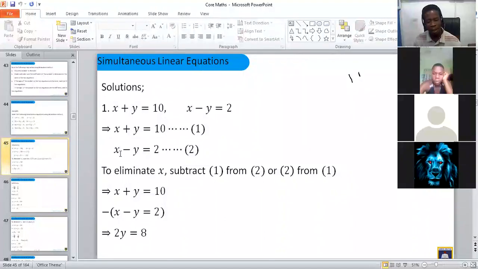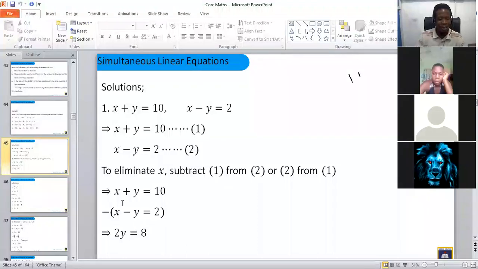That will be equation 1 minus 2. Or we subtract equation 1 from equation 2. So we are subtracting equation 2 from 1. That means we have equation 1 minus equation 2. So when we are subtracting, we subtract their corresponding like terms. That is x.